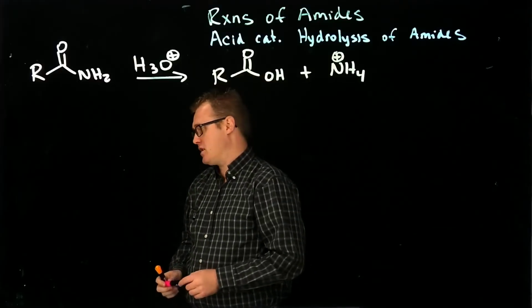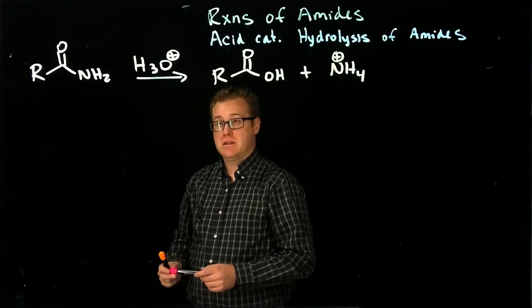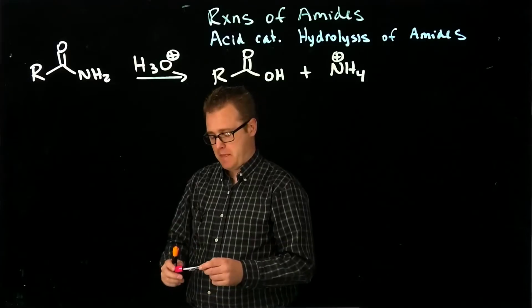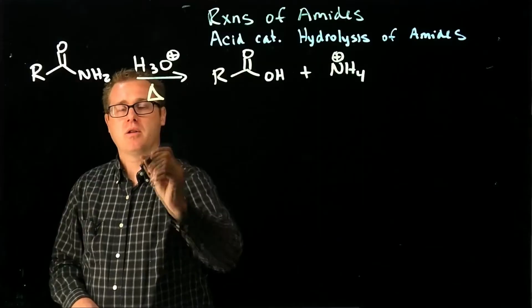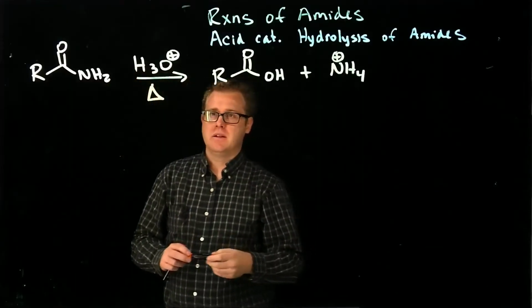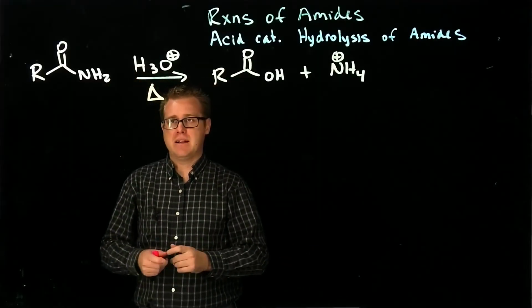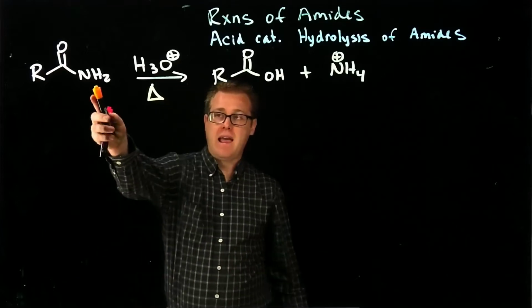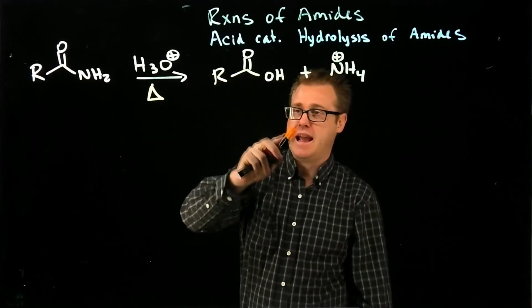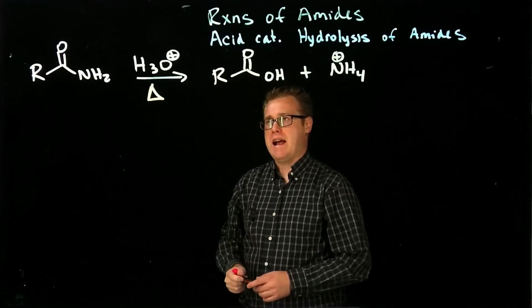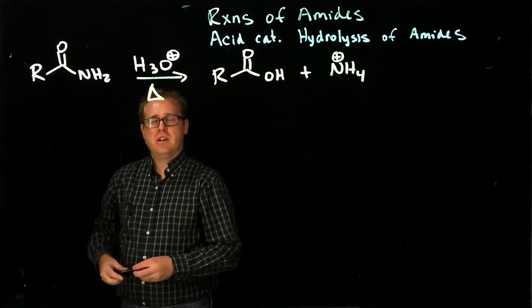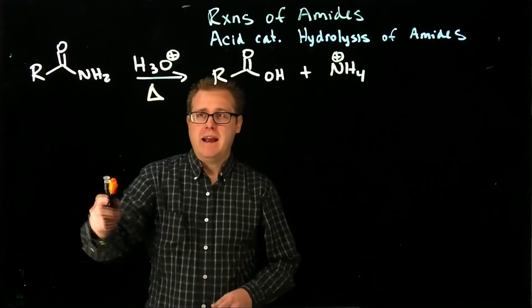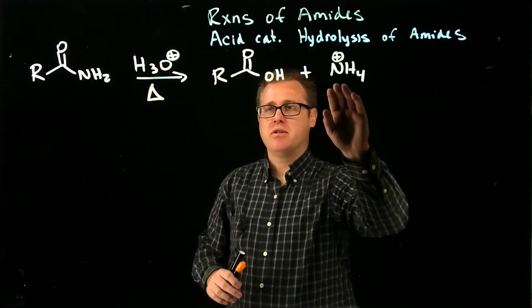Now this reaction is typically slow, and so to help get this reaction going, we're going to add some heat. So in order to do acid-catalyzed reactions of amides into carboxylic acids, you have to add a little bit of heat. Now, when you add that little bit of heat, the reaction goes, and what do we generate here?